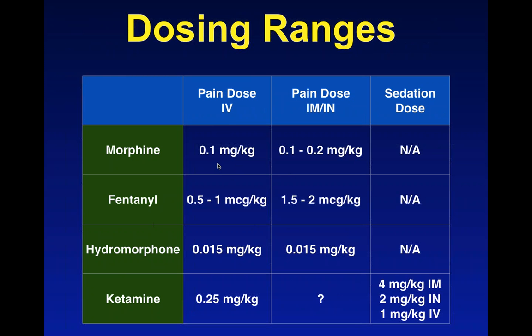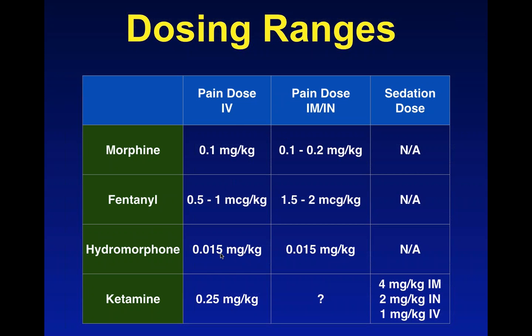Now let's start looking at the dosages. The pain dose IV for morphine, for fentanyl, for dilaudid, and for ketamine. Look at these numbers. They're all fractions for the most part, except the fentanyl here. Some people go up to 2 mics per kilo for fentanyl IV, which is fine. But again, you have a range. Try and do the math on this one.